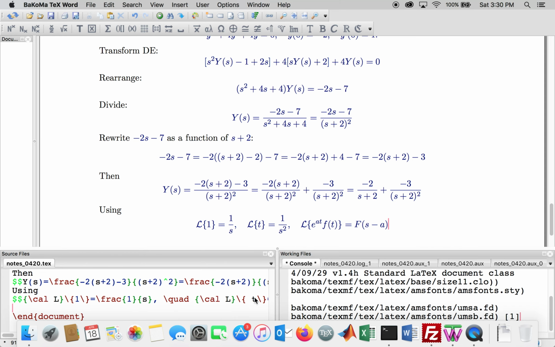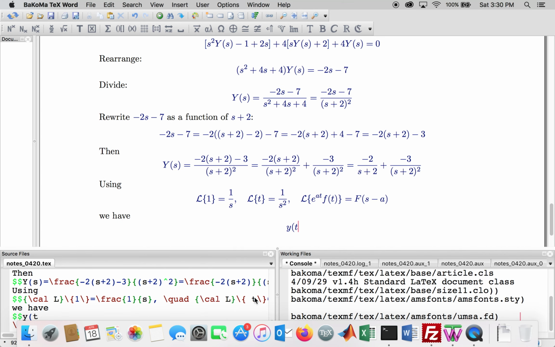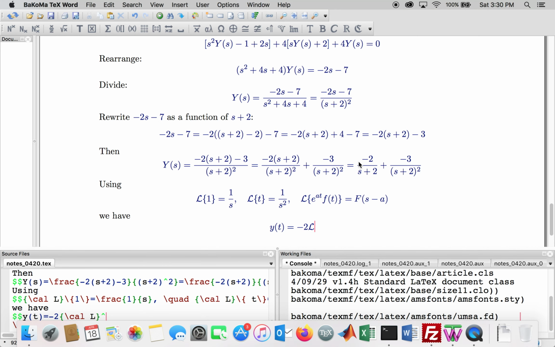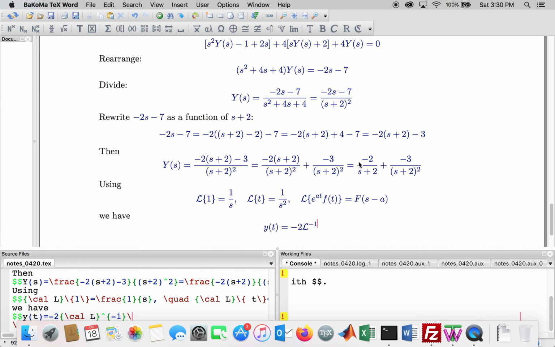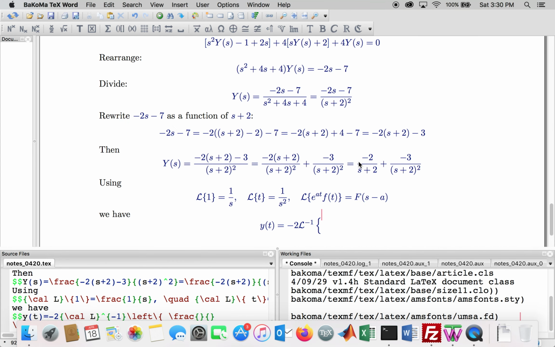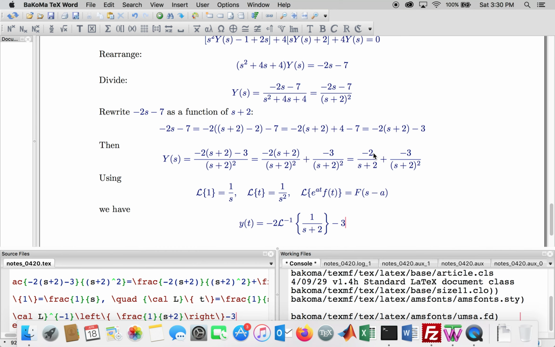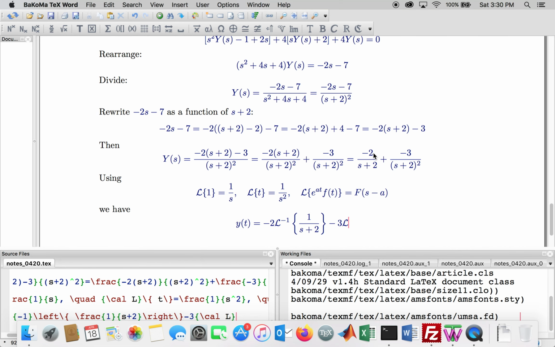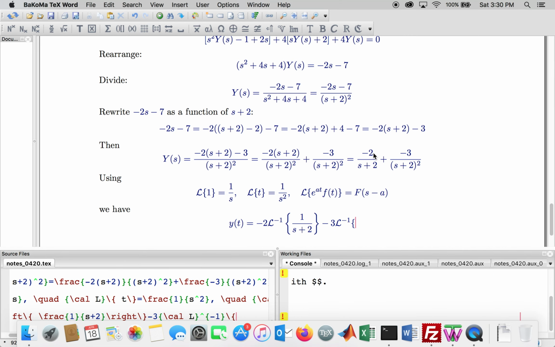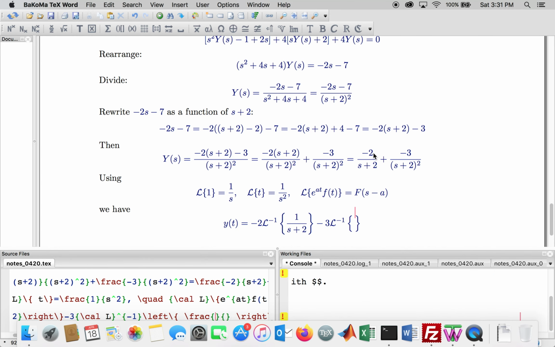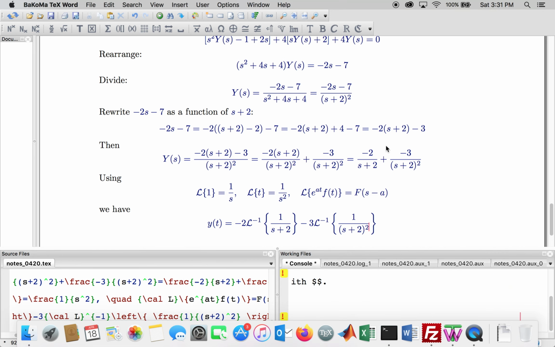So if we use these together, what we'll have is minus 2 times the inverse transform of 1 over s plus 2, plus, I should say minus 3 times the inverse transform of 1 over s plus 2 squared.